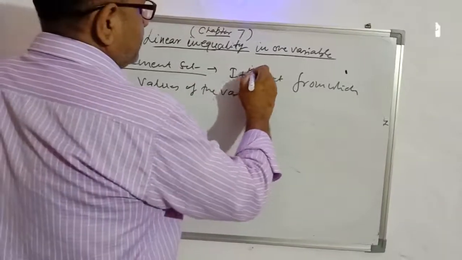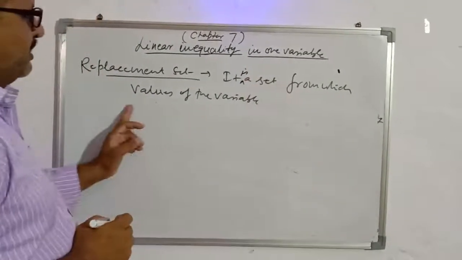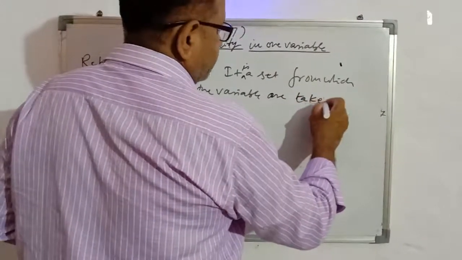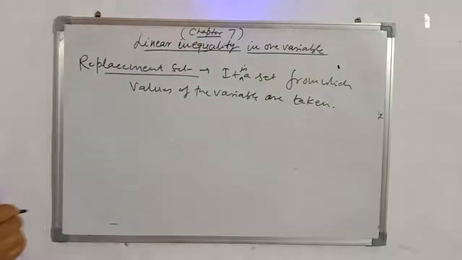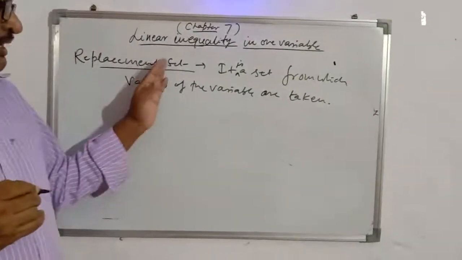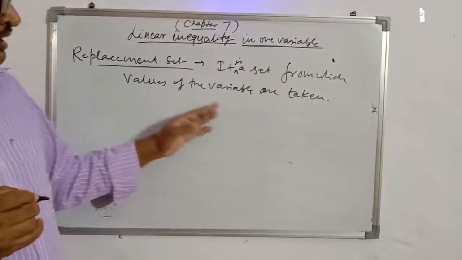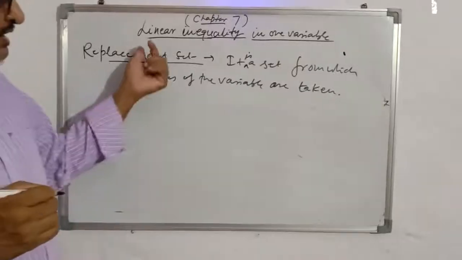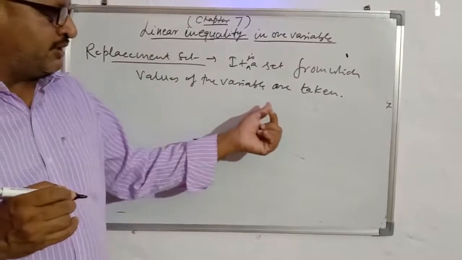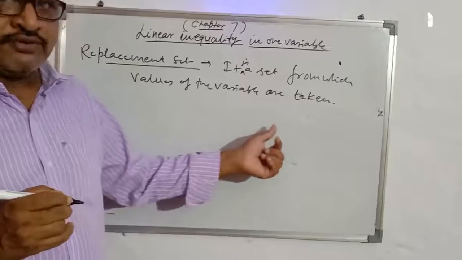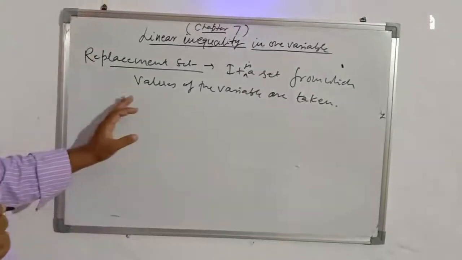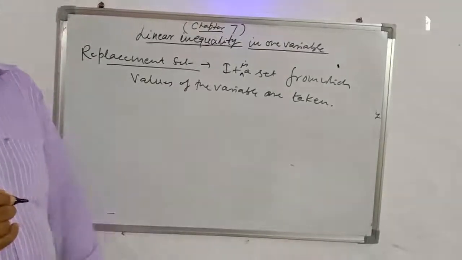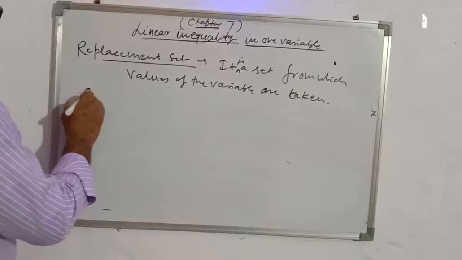It is a set from which values of the variable are taken or chosen. So that set will be the replacement set. If the replacement set is not given in the problem, we will take the set of real numbers as the replacement set. Sometimes it is given in the question: the replacement set is natural numbers, whole numbers, or integers. But if it is not mentioned, the replacement set is the set of real numbers.